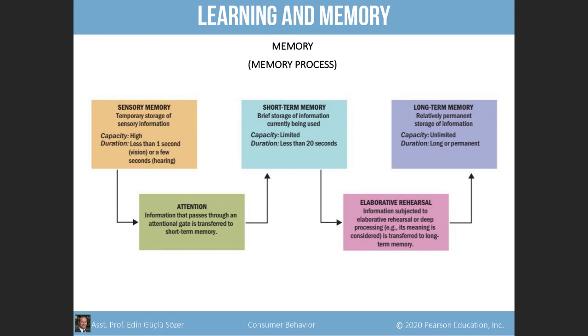In order to pass this information from short-term memory to the long-term memory, there is a need for an elaborative rehearsal process, which means that the information we are dealing with should be deeply processed to pass to the long-term memory. So what does it mean, deep processing?